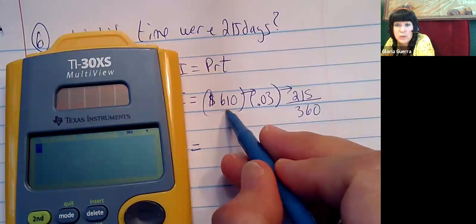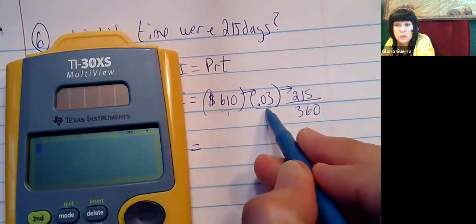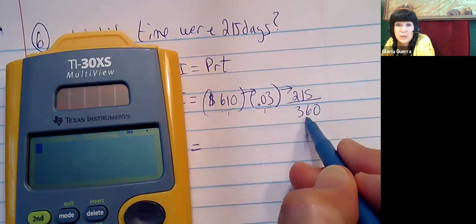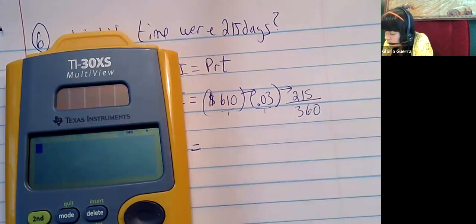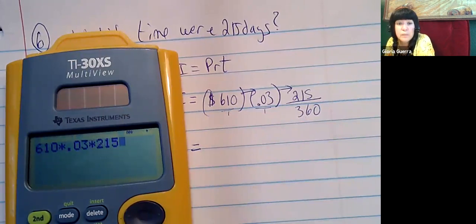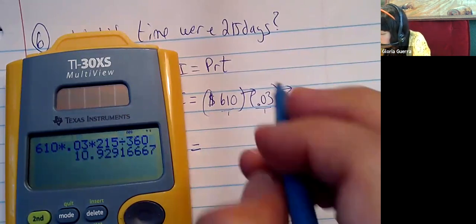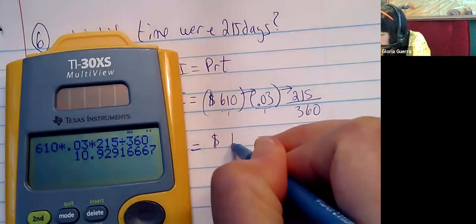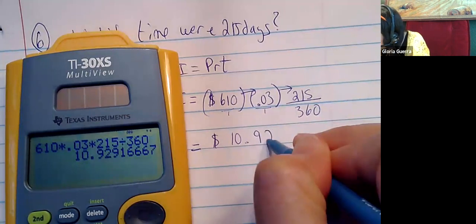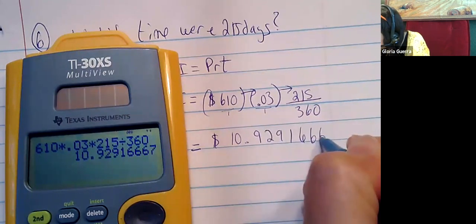Then on the bottom, this has a 1. This has a 1. So really, you're just dividing by 360. So I would say you've got 610 times 0.03 times 215, and then you would divide that by 360, and we get 10.929166667.